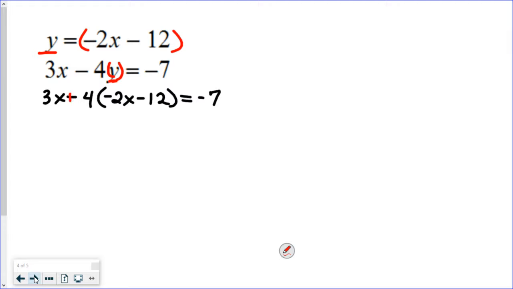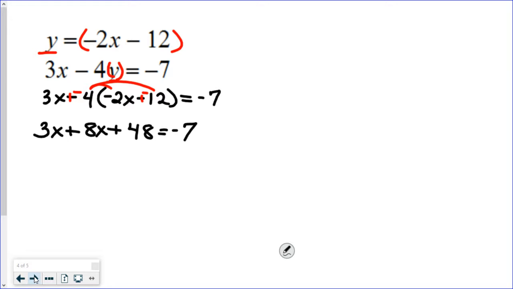Okay, I'm going to be careful and not lose any of my signs because I see there's a lot of them there. So I have 3x. Now, a negative 4 times a negative 2 is a positive 8x. And a negative 4 times a negative 12 in my calculator is a positive 48. If you don't trust me, take your calculator out and check.